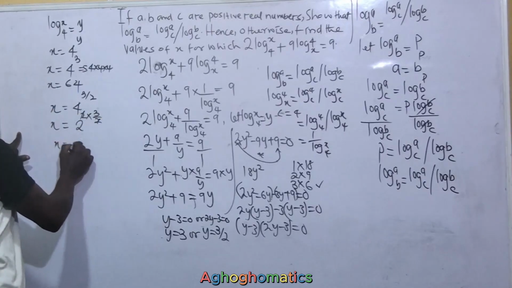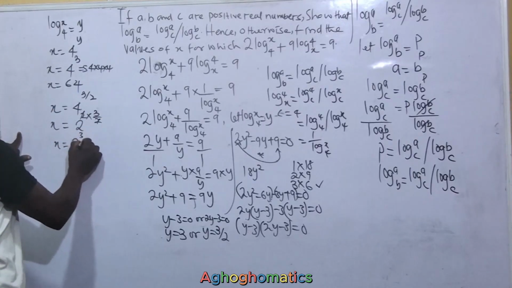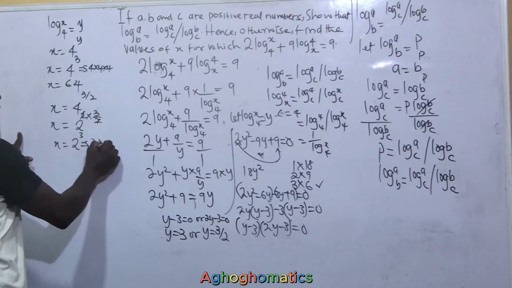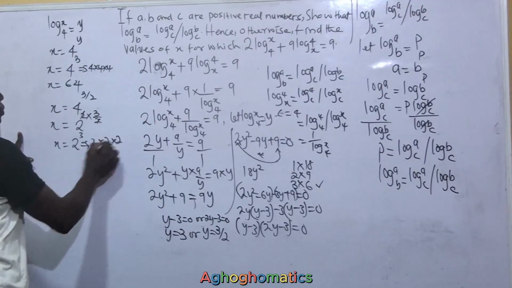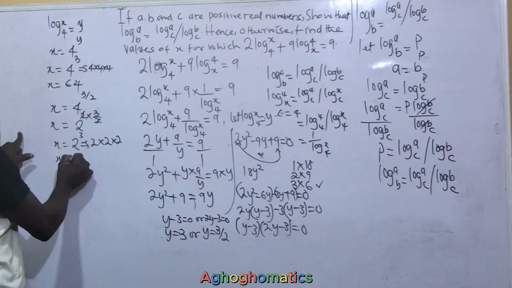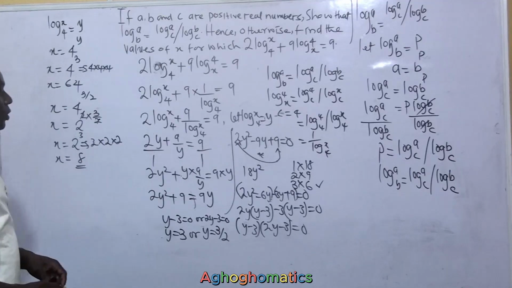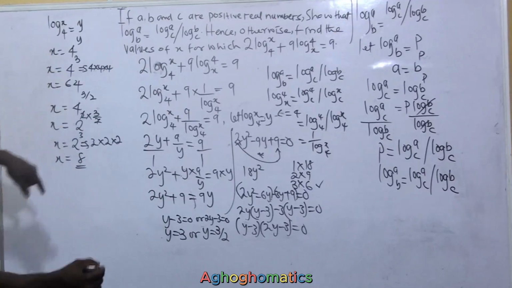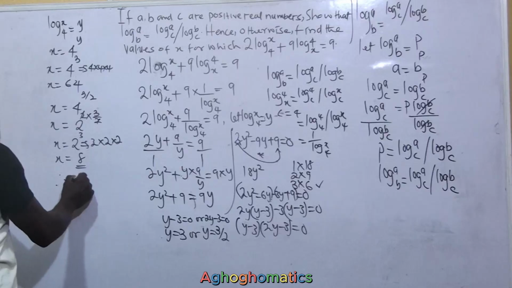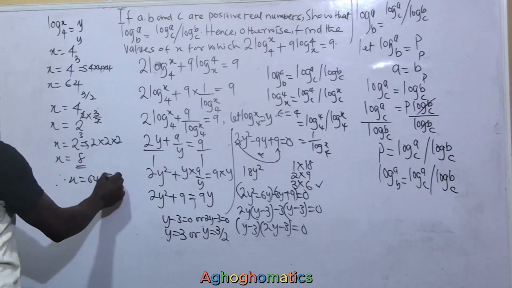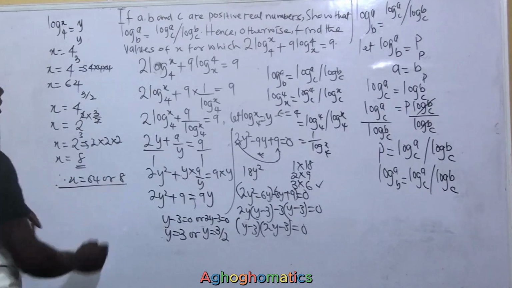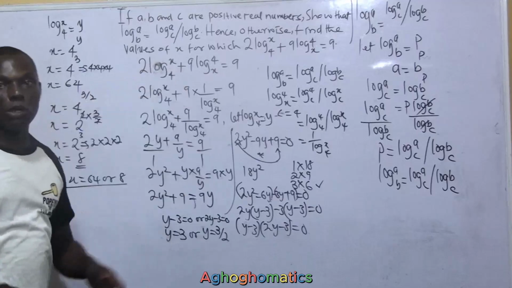Here it becomes 2 raised to the power 3, which means 2 times 2 times 2. So x is eventually 8. These are the possible values of x. Therefore, x is 64 or 8. That is what satisfies this equation.